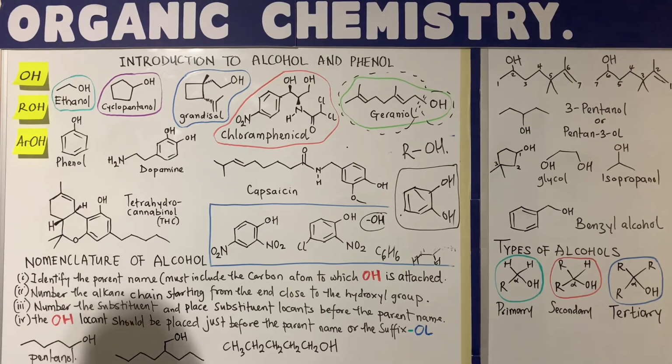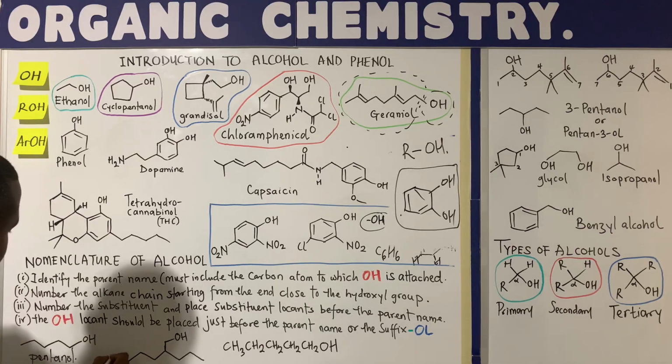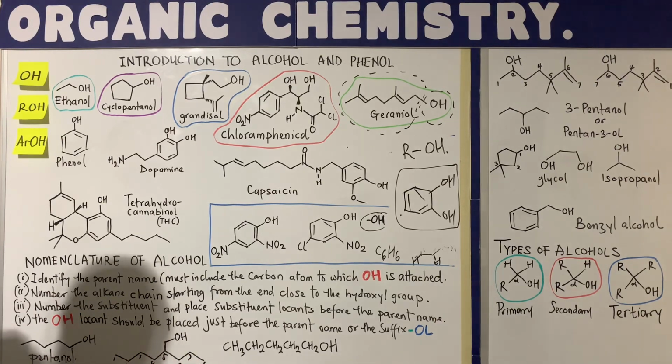So let's move to this one in appreciation of the rules of naming alcohol. This compound, we're trying to name it. The first rule is to identify the parent name. So what is the parent name here? We said we have to look out for the longest carbon to carbon chain. If we start counting, we'll say 1, 2, 3, 4, 5, 6, 7, 8. That seems to be the longest carbon to carbon chain.